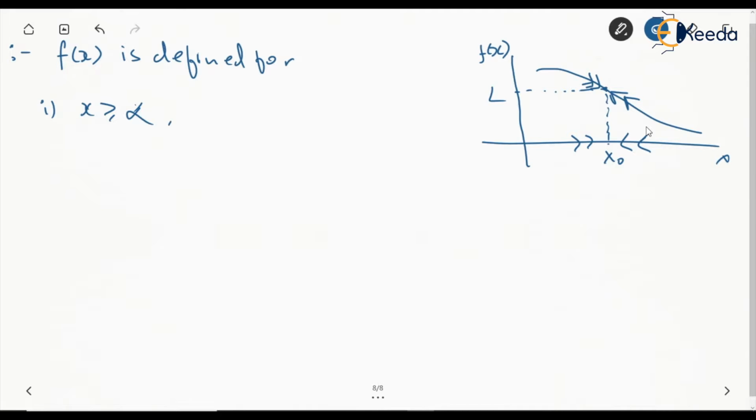In that case, at the end point, we need to check the function for x tends to alpha plus, and it should be equal to f of alpha.